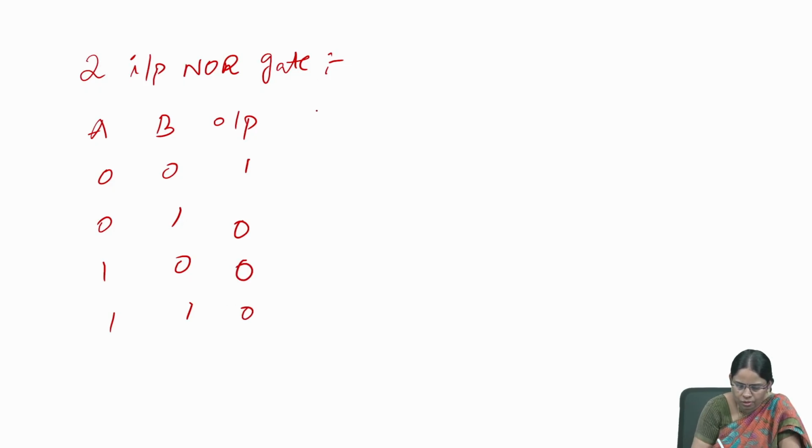This is a truth table. So now I have the chance of taking B as a control signal.